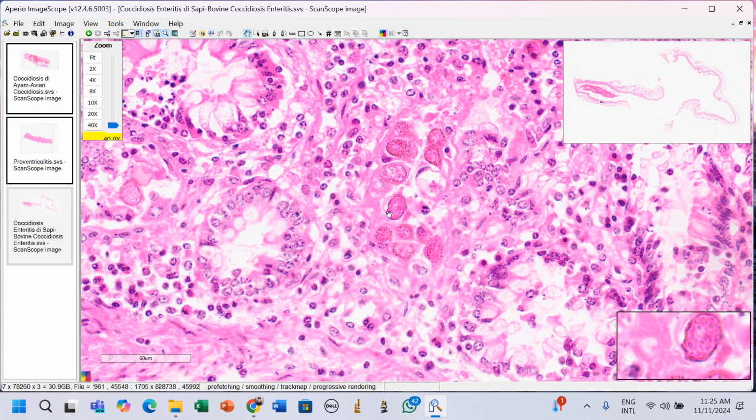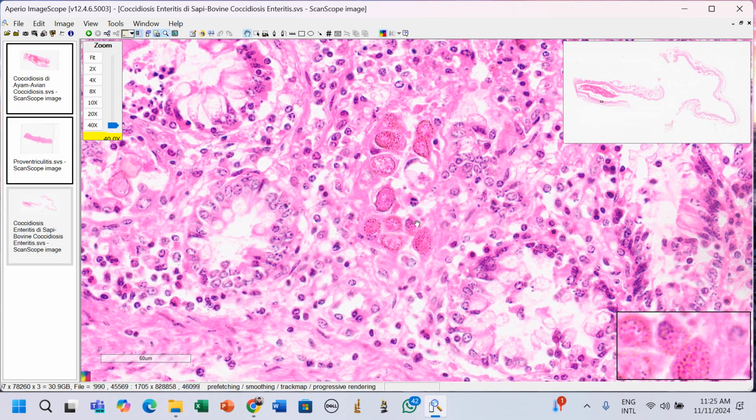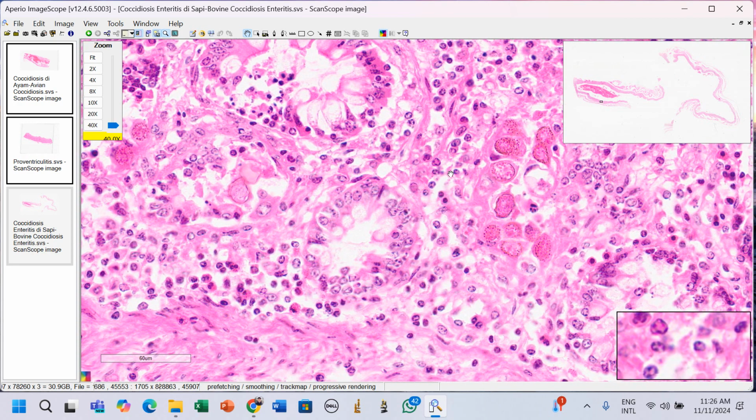They have a more eosinophilic, more reddish color. Probably these are gametocytes, or maybe also schizonts, inside the epithelial cells of the crypts.